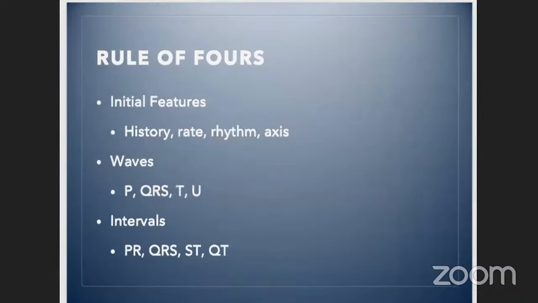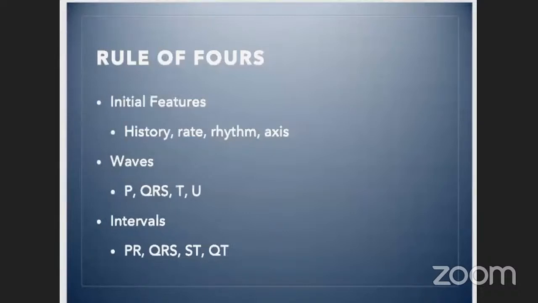So we must remember the history and what the indication was for doing this ECG. Was the patient complaining of palpitations? Did they have a history of pre-syncope or syncope, or are they unresponsive, or have they had a cranial crisis or the like? And so we incorporate that into our findings.